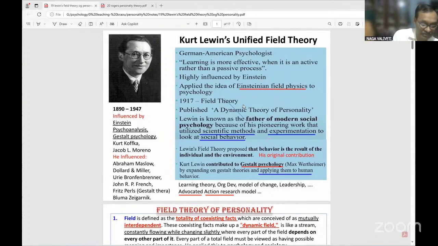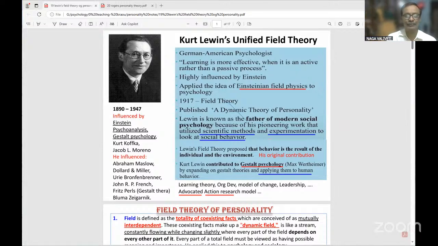Out of all the theories that we have, Lewin's field theory is considered very complex, very difficult even for beginners in psychology to understand, because he tried to explain everything in terms of geometrical and mathematical expressions and diagrams.